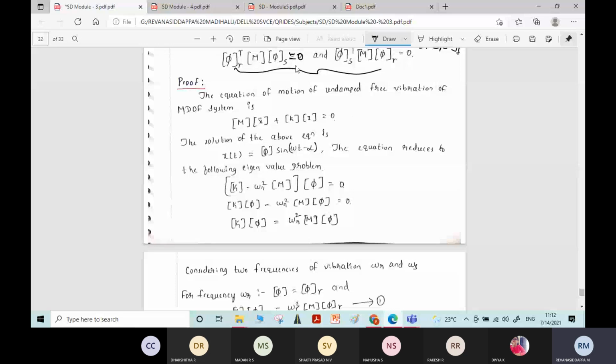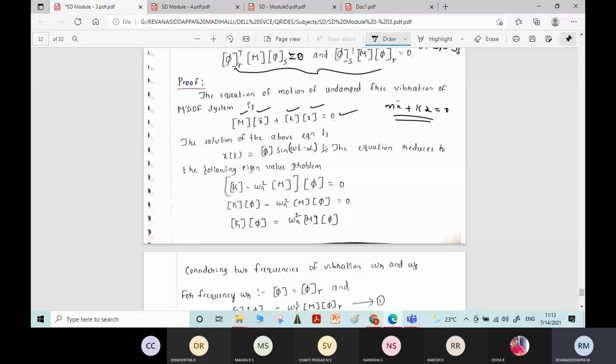For undamped free vibration, we have the equation of motion, that is M x double dot plus K x equal to 0, written in matrix form. The solution for this equation is x of t equal to phi into sine of omega t minus alpha.